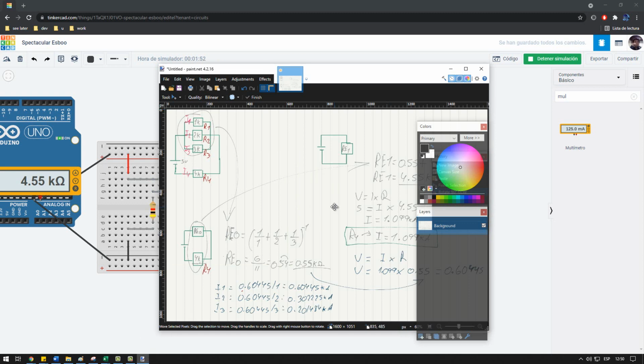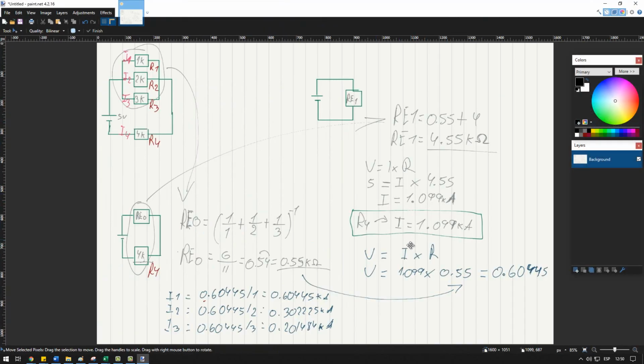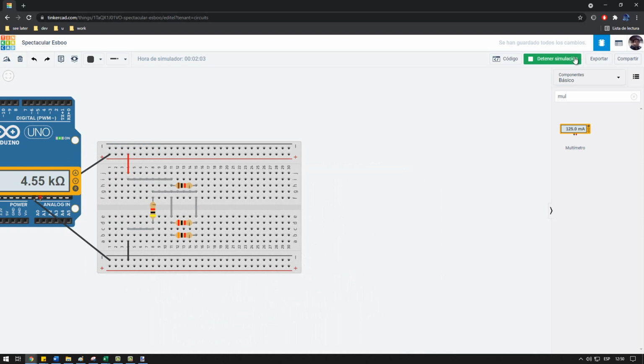Okay, I got here, if you can see, right here 4.55 for the main resistance, kilo ohms, of course. Now I can stop the simulation.